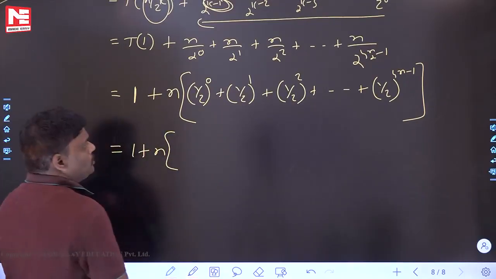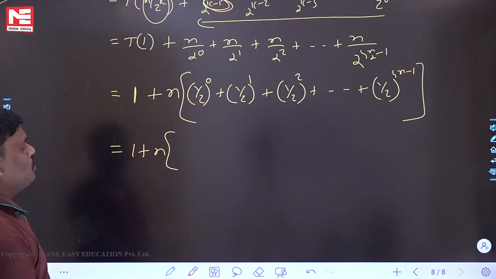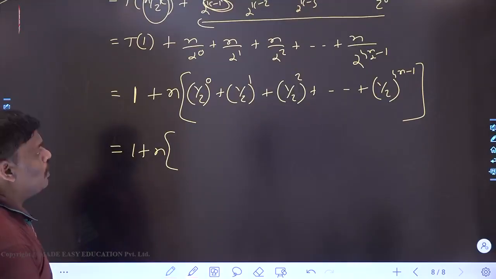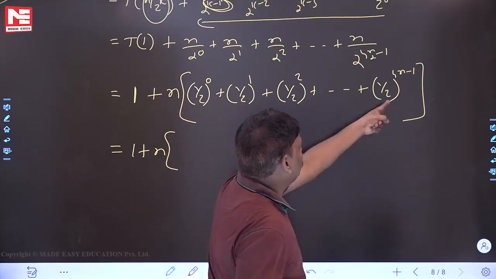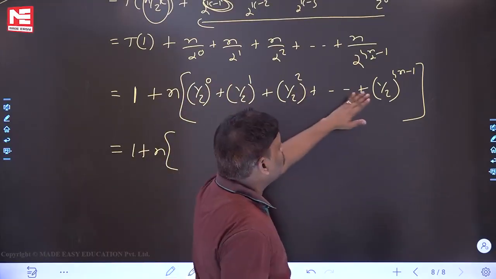Can you help me now? What is this series? A power 0, a power 1, a square, a cube, and so on. It is the GP series. In the GP series, how many terms are there? Log n terms, because 0 to 9 means 10, 0 to 99 means 100, 0 to log n minus 1 means log n. This series contains log n terms.